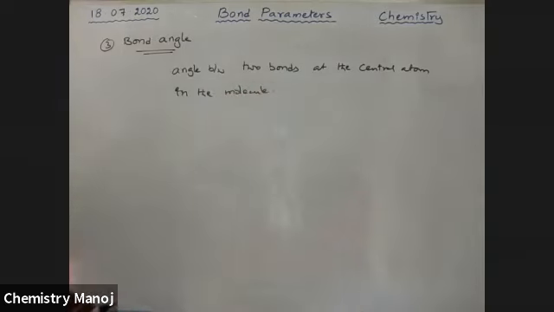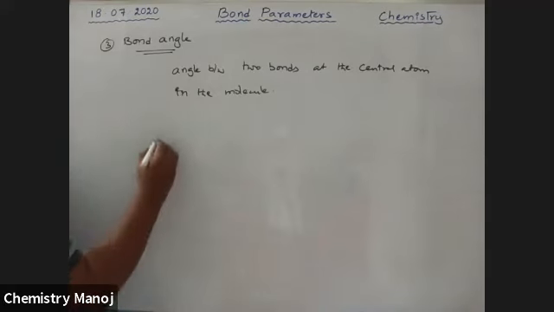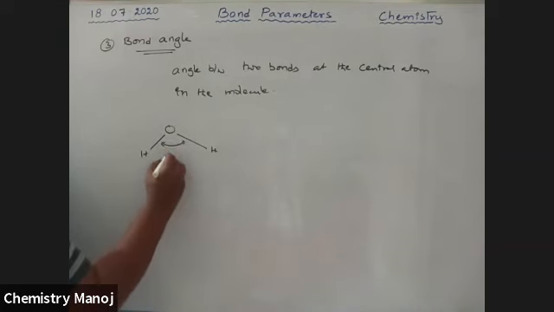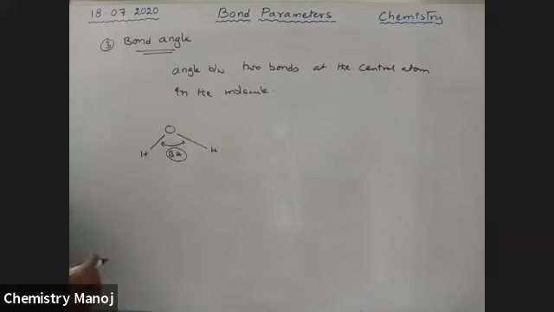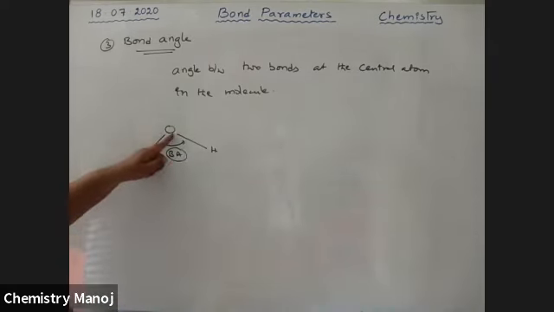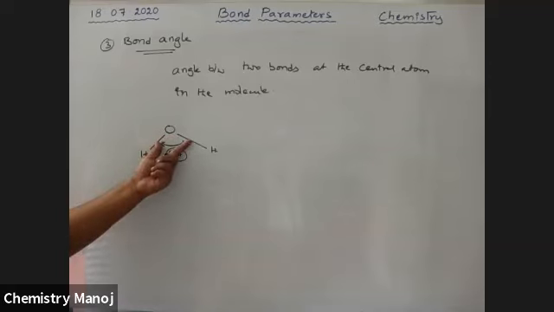See here, in H2O, two bonds are there. Between them, this is called a bond angle. So bond angle is always measured at the central atom between two connecting bonds.